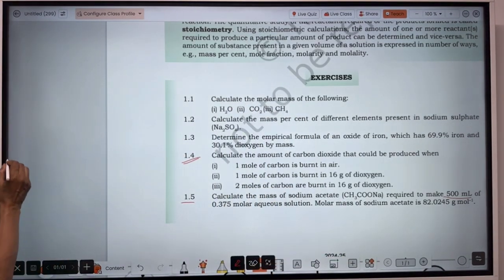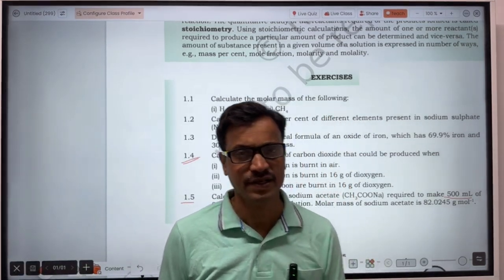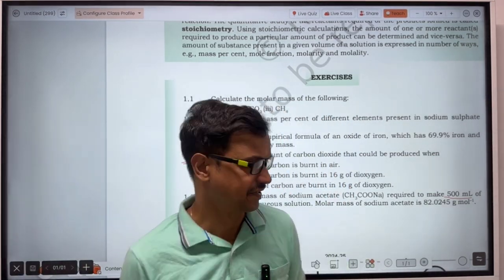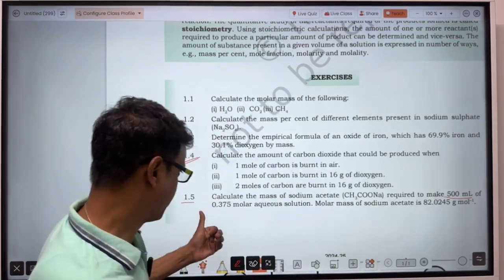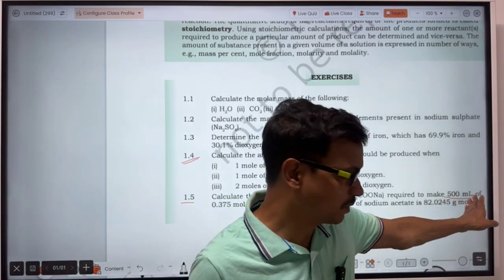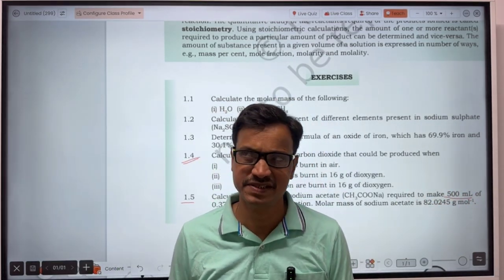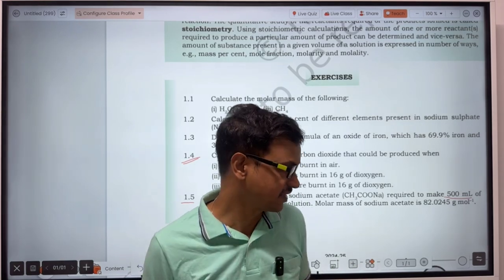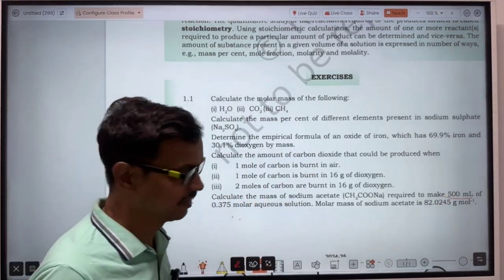Molarity is 0.375, which means in 1 liter, the number of moles of sodium acetate will be 0.375, and it is asking for a volume of the solution of 500 milliliter. 500 milliliter means half liter, so the number of moles will also be half.